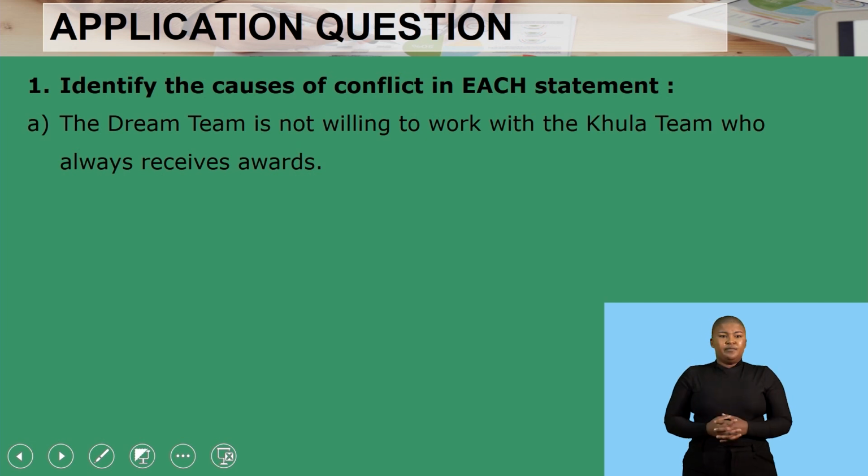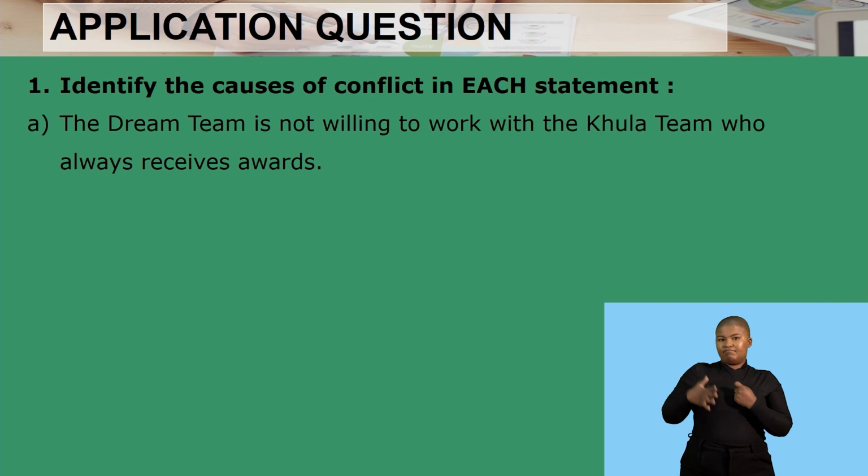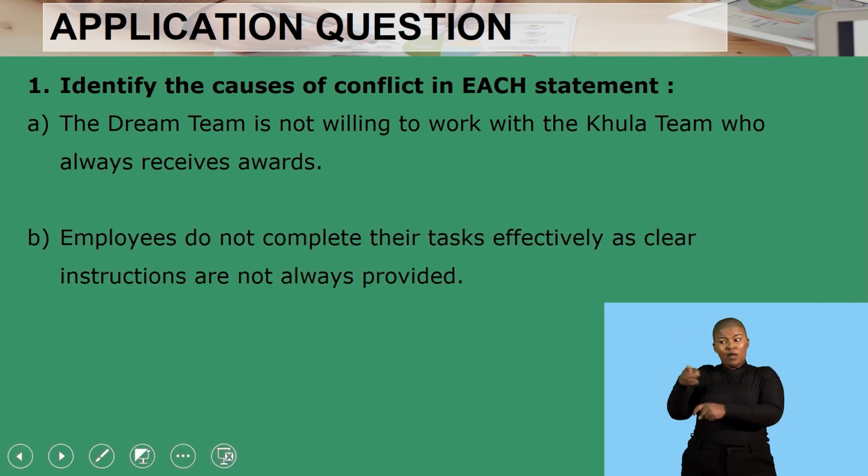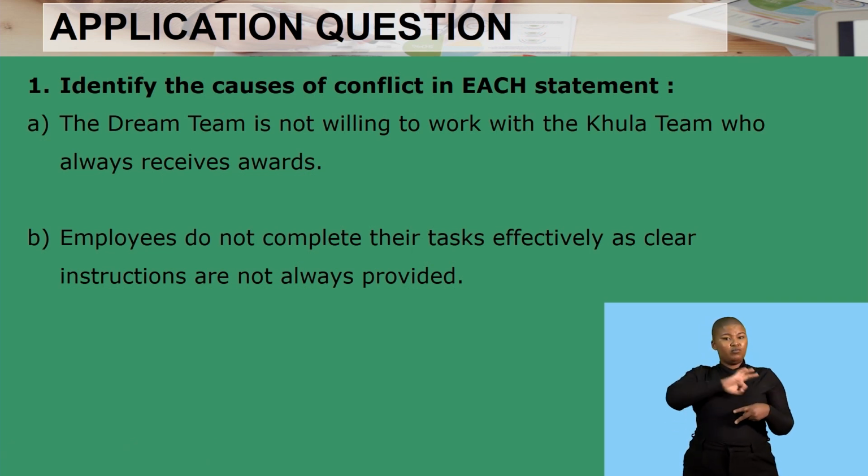The first option says the dream team is not willing to work with the cooler team, who always receives awards. Option B says employees do not complete their tasks effectively as clear instructions are not provided.